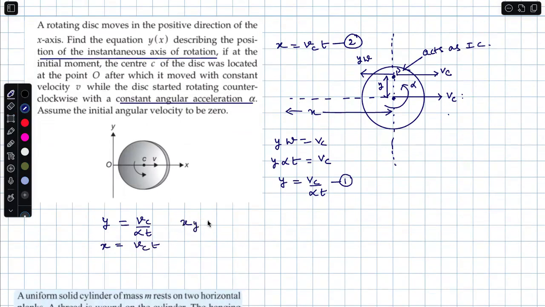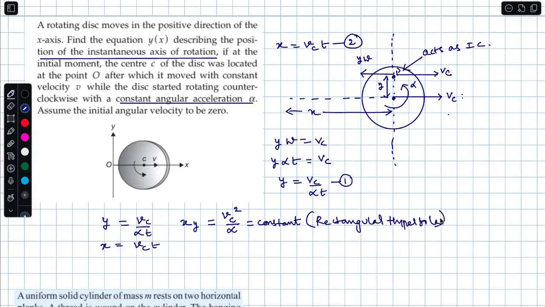Now what is x into y? X into y is Vc square by alpha, which is a constant. So anything that satisfies x into y is a constant, the path is a rectangular hyperbola.